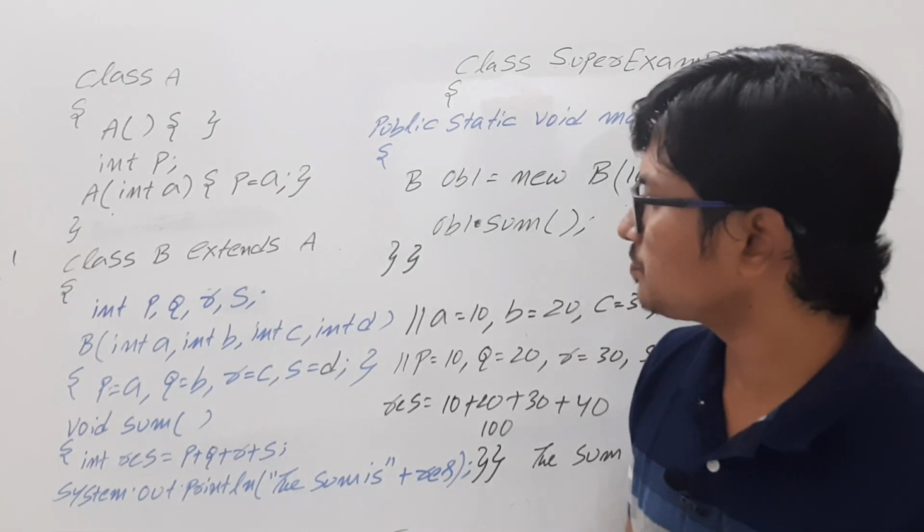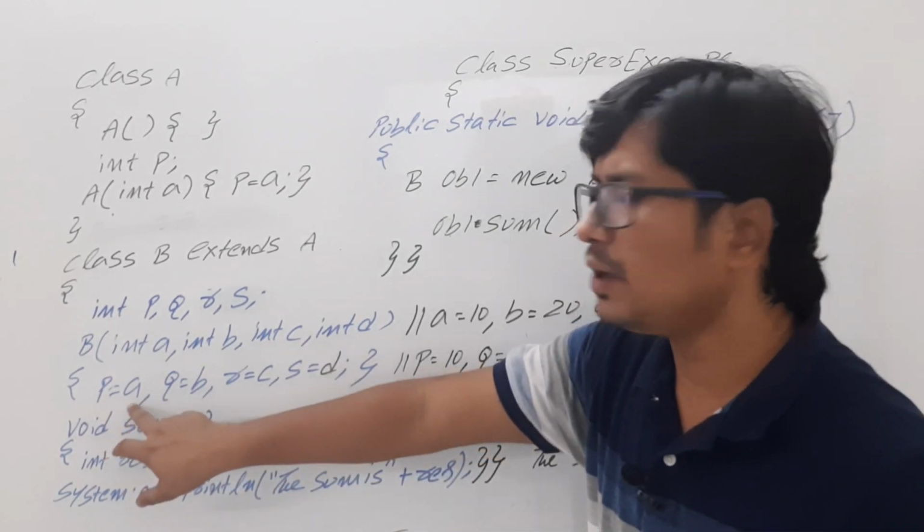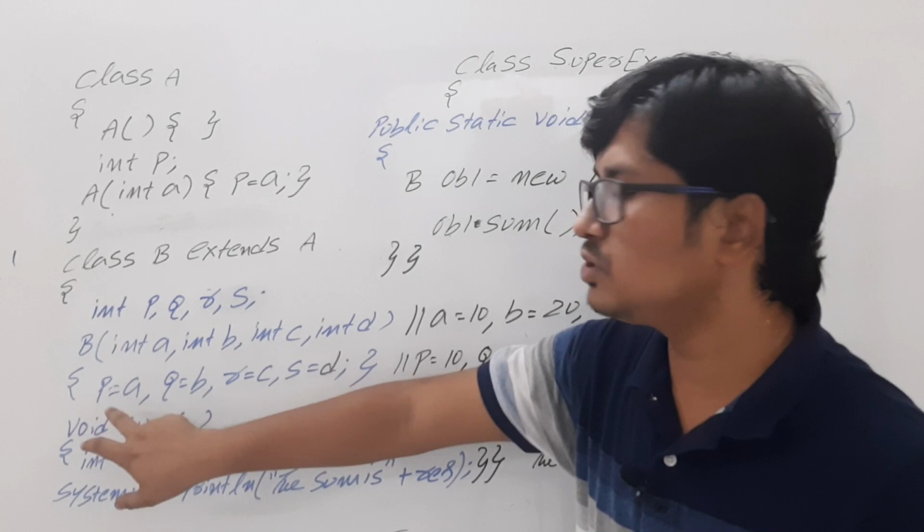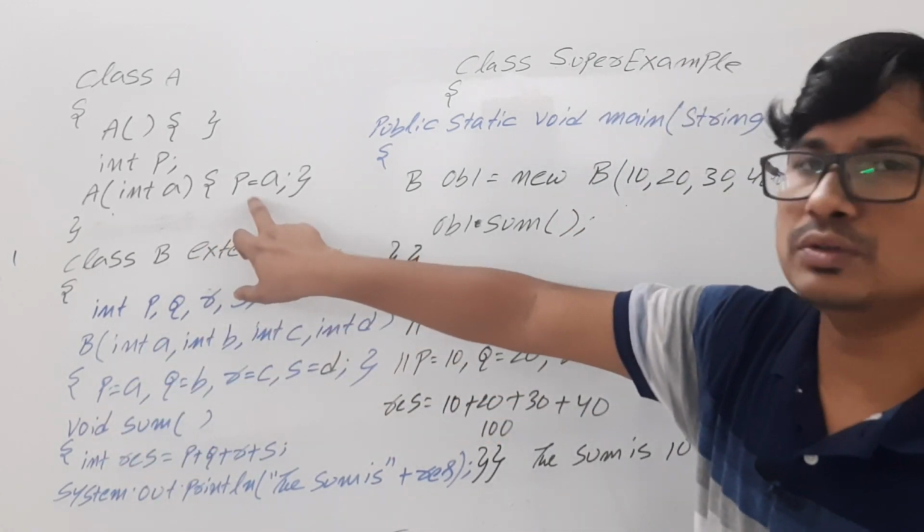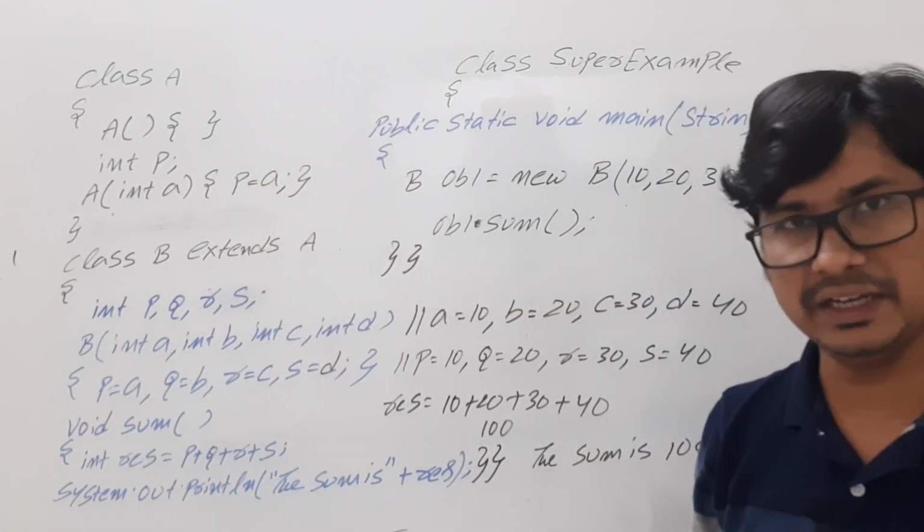Look at here. What you have done, you have initialized the P is equal to A here, and here also you have initialized the P is equal to A here.